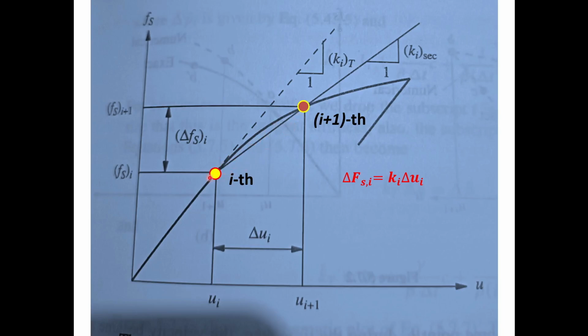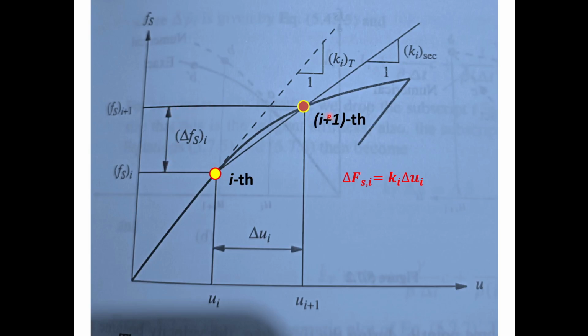So if you take the stiffness at that point and name it ki and multiply it by this delta ui distance, then you get delta fsi, the increment in the spring force.